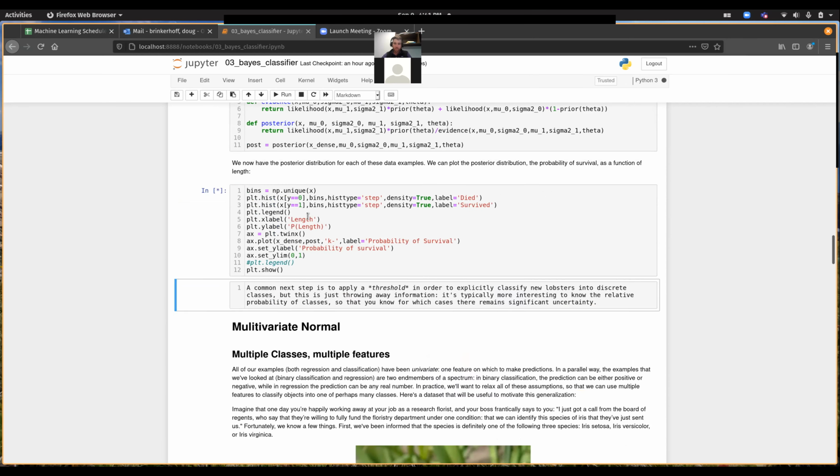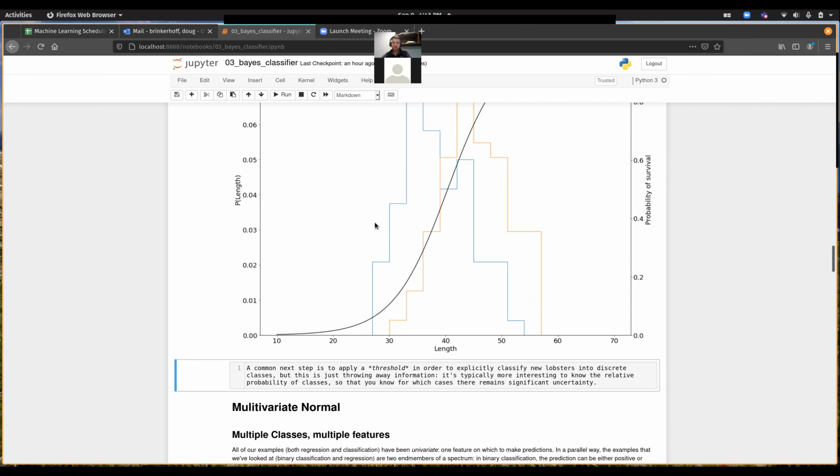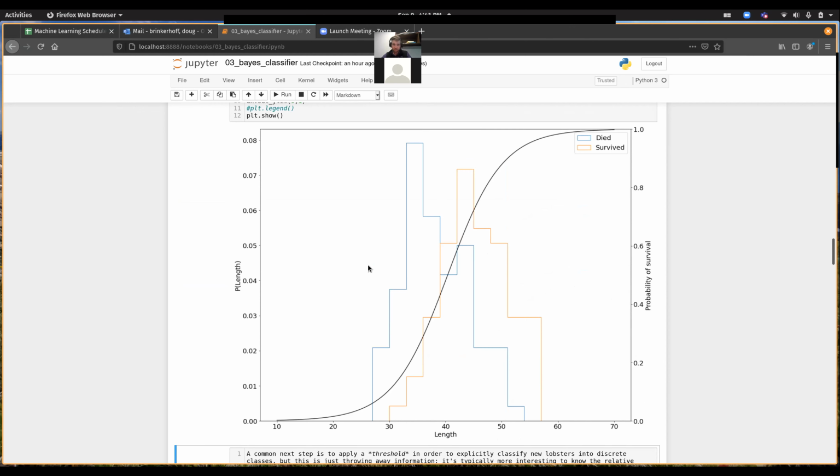And we can plot that. It ends up being kind of interesting, this shape. So we have the same histograms that we saw before of lobsters dying versus surviving. But then this right axis, which is the additional axis, is the posterior as a function of length. So probability of survival as a function of length.